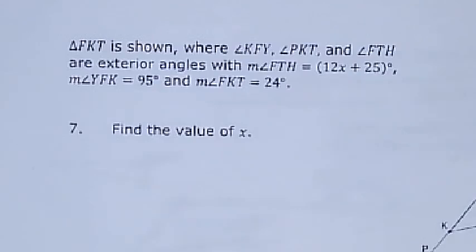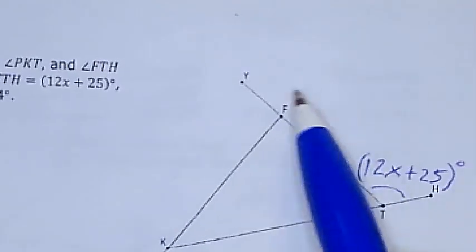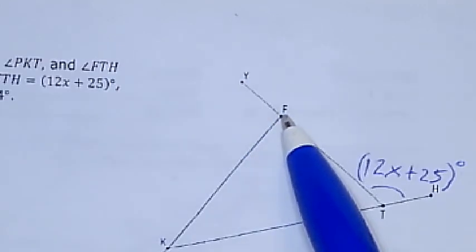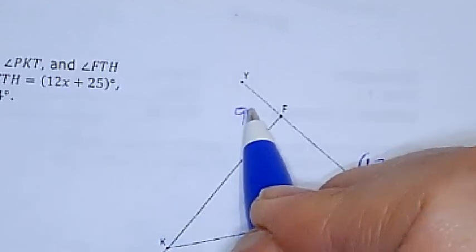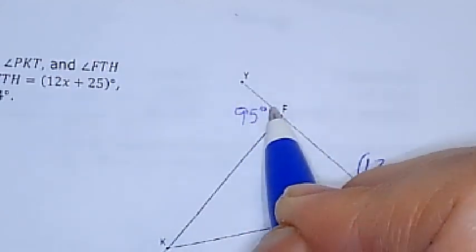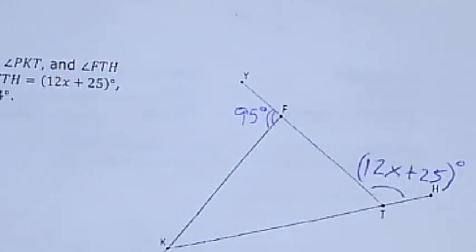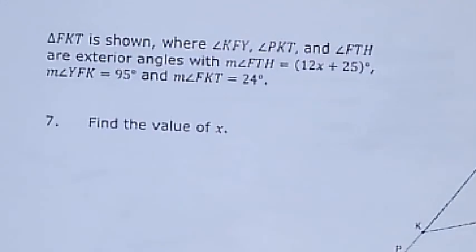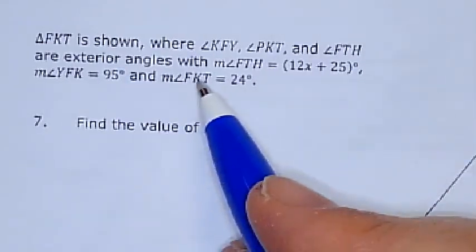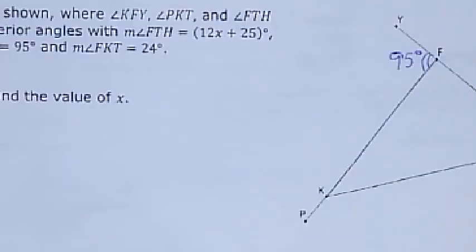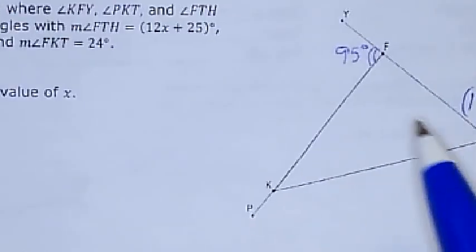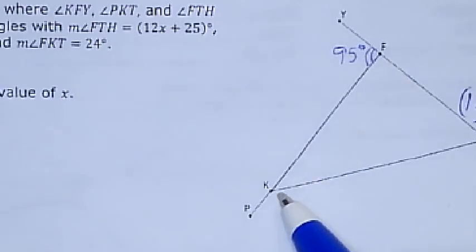You start at Y, you go to F, and then you go to K. So that is right there, 95 degrees. That's another exterior angle. And finally, it says the measure of angle FKT is 24. Well, if you start at F, go to K, and shoot on over to T, that angle right there, that's 24 degrees.